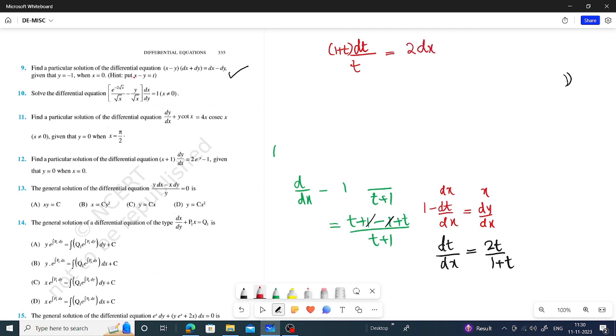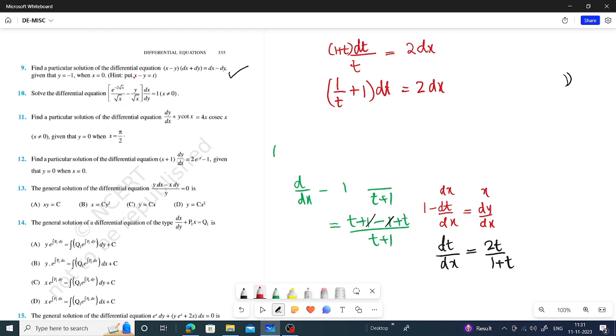I just modified it, and our variables are separated. 1 plus t goes there and t comes down, so (1 plus t) by t dt is equal to 2 dx. So 1 by t plus 1, that means I divide it, 1 by t plus t by t, dt equal to 2 dx.